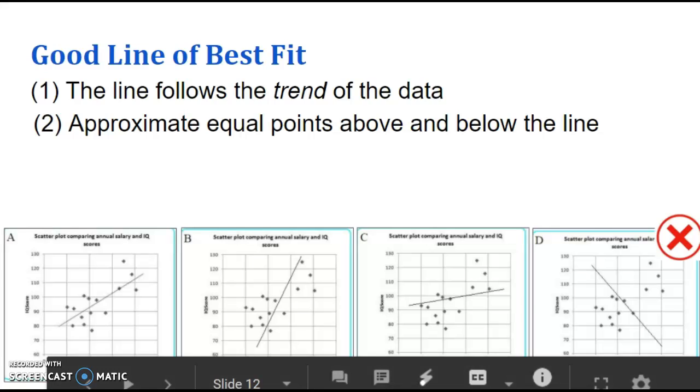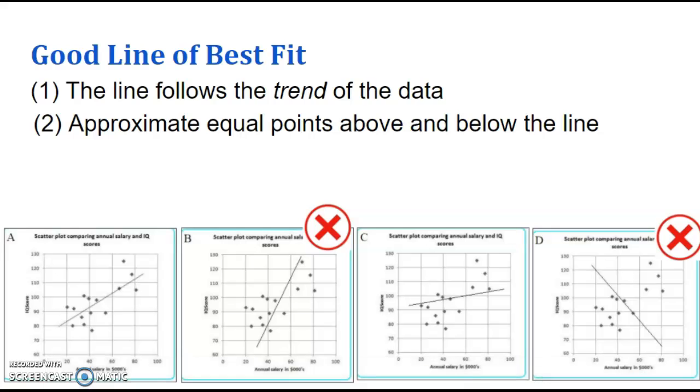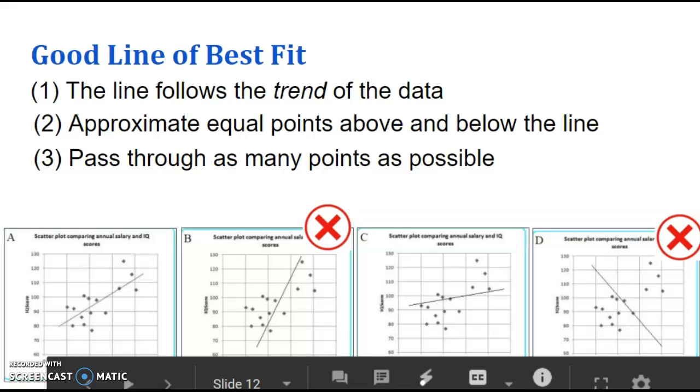So if I was to pick this one, there are 1, 2, 3, 4, 5, 6 points below the line, but there are a whole lot more above the line. So that's no good. So I'm going to say B is not a very good line of best fit. And then it needs to go through as many points as possible. That makes C no good, and so A is my final choice.